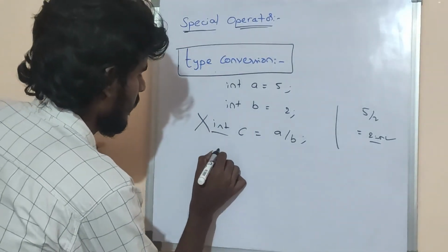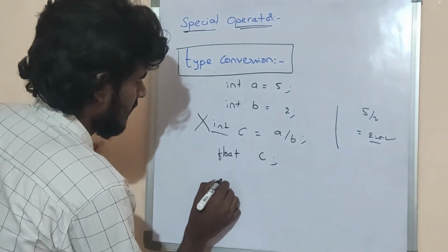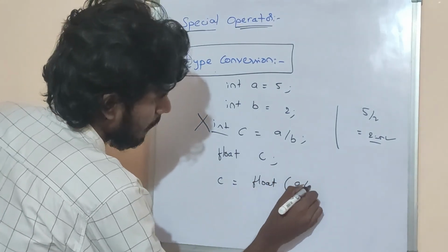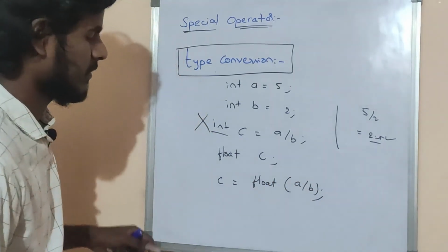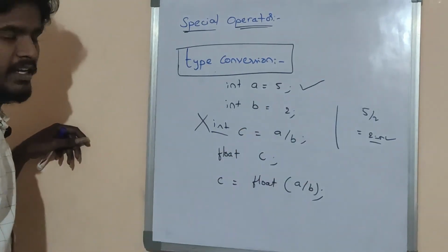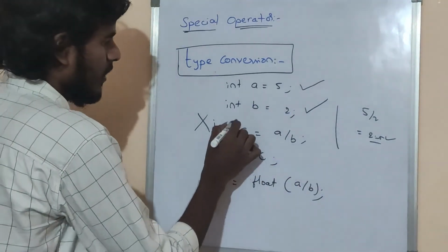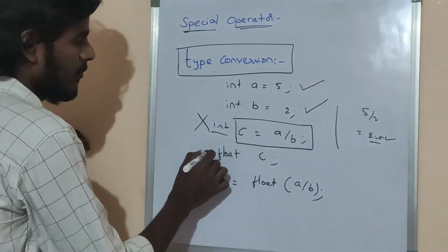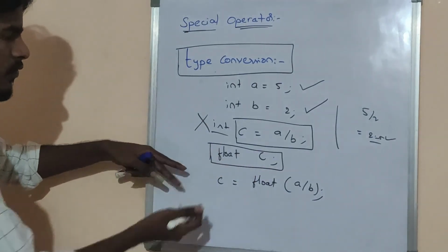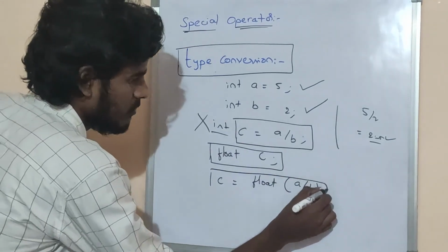Okay, float c is equal to float of a by b. Okay friends, this is the format. Here a is int type, b also int type. The expression is float type, so the result variable is float type, and we convert the expression also to float type.